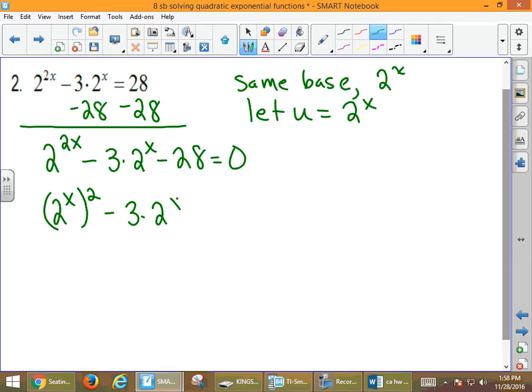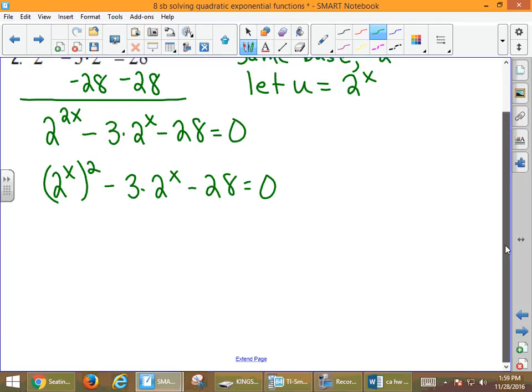And again, you don't necessarily need that step, but just in case. Because we've identified the base, we've set up our u, so our third step is to substitute, which means that this becomes u squared minus 3 times u minus 28 equals 0.